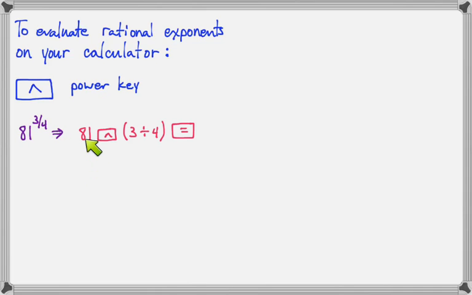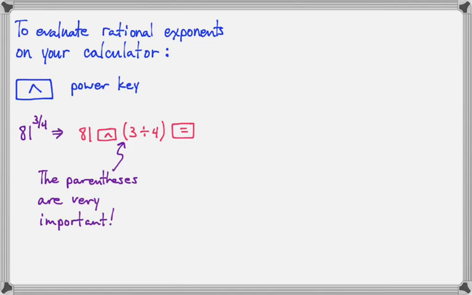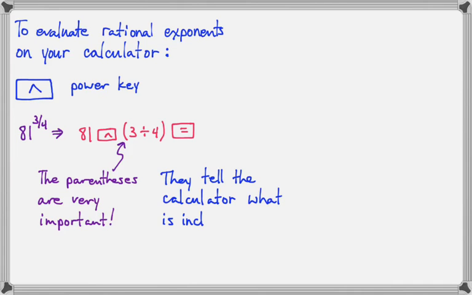So you're going to have 81, caret key, parentheses, 3/4, and then the equal key. Now the parentheses are super important. Without them, remember, the calculator only thinks that 3 is the exponent and not the whole fraction. So the parentheses tell the calculator what is included in the exponent.